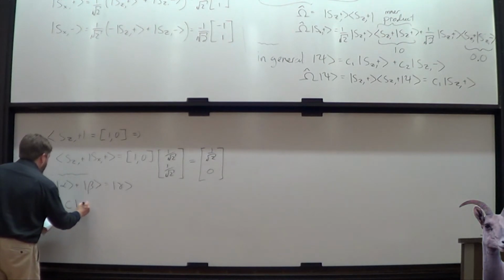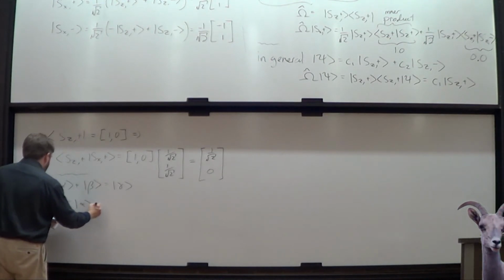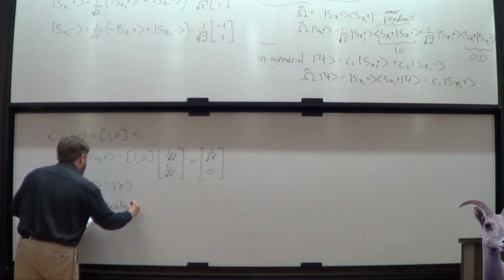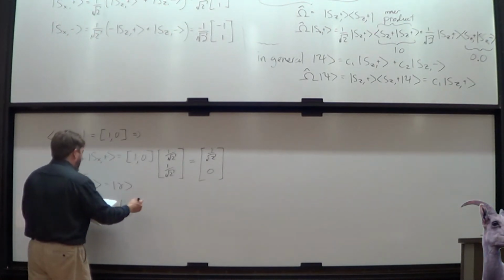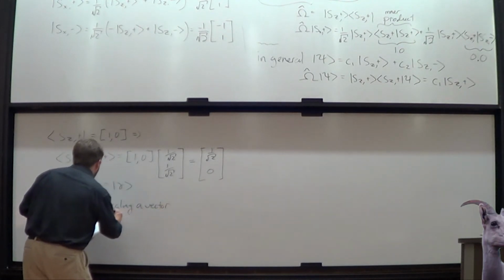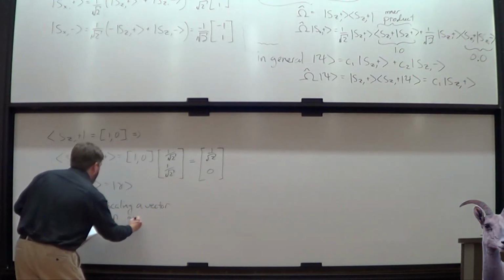Multiplying a ket times a number is basically scaling a vector in the alpha direction.